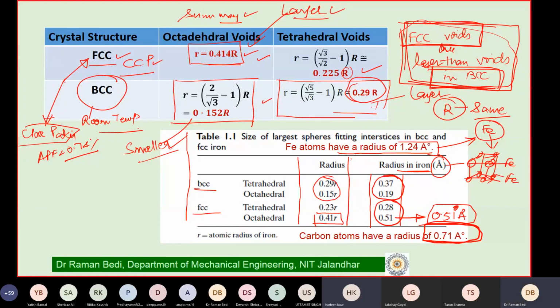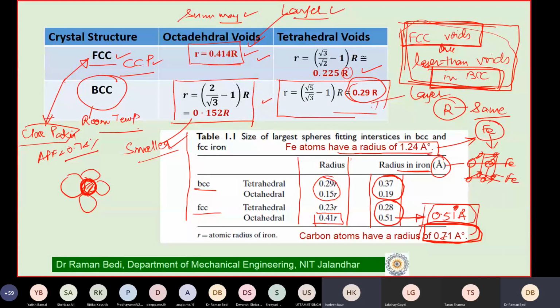That is why most of them will not be accommodated, and even if they are accommodated, they will produce strain in the lattice. We explained it yesterday very simply: if you have a smaller volume available and I put a larger sphere in it, the surrounding spheres will be strained. So this will put a strain there.